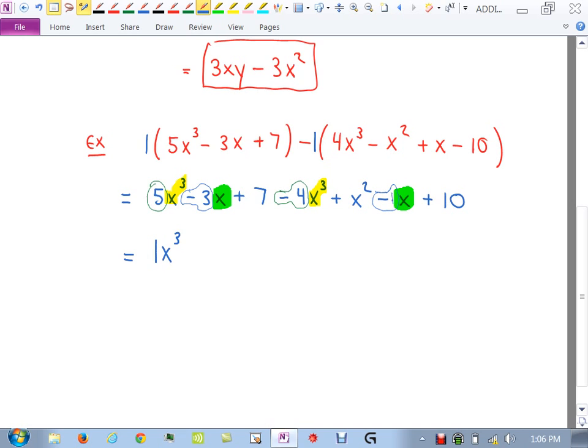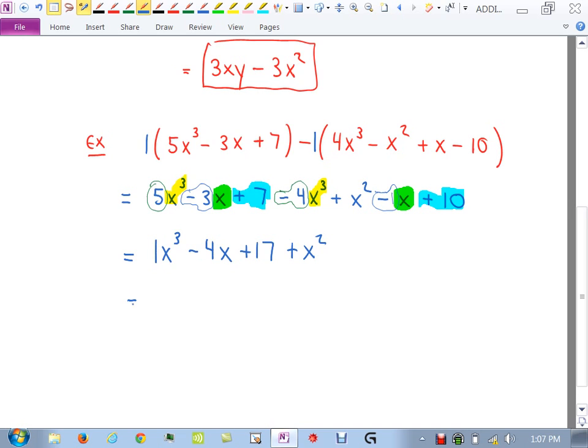What's -3 take away 1? -4. So it'll become -4x, right? The x doesn't change. And do we have anything else we can combine together? 10 and 7, right? Those are just numbers. So add 7 to 10, and you get 17. And now we'll bring that x squared, that poor guy that didn't have any friends, just comes on down, right?